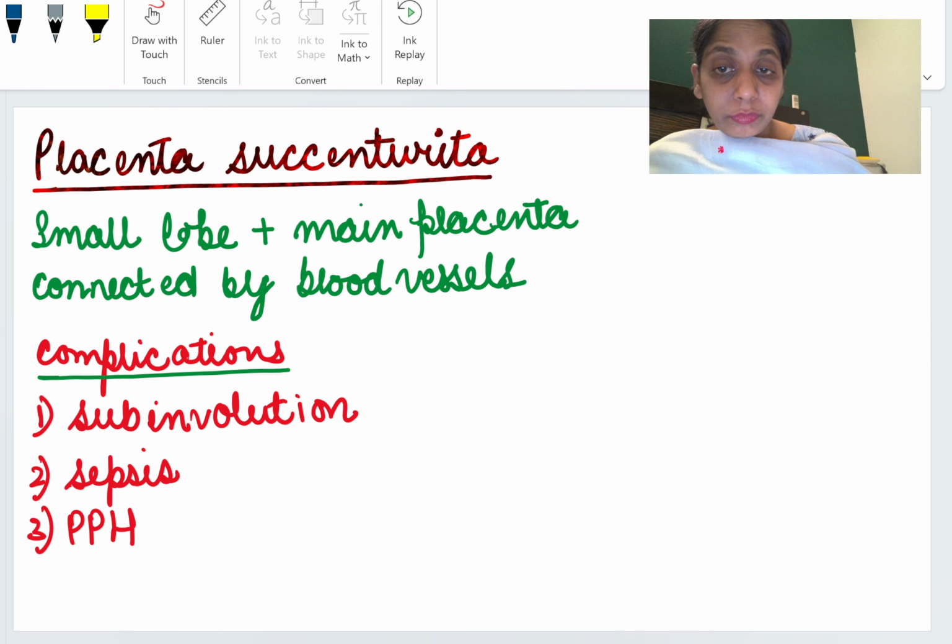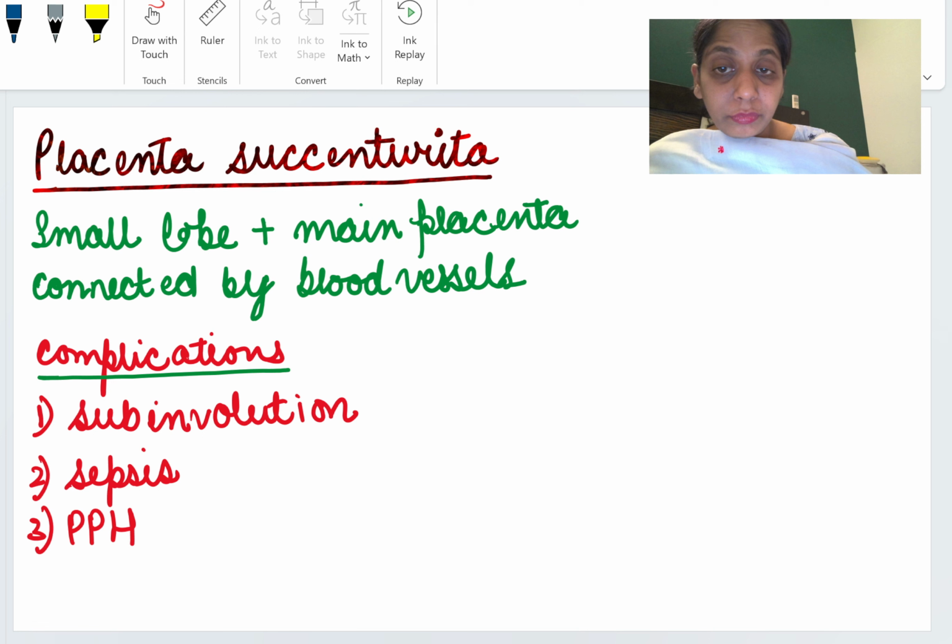In circumvallate placenta, the chorionic plate is small, so it leads to APH and IUGR due to fibrin deposition. Now this is the battledore placenta, where the cord is inserted at the margin. And this is the filamentous insertion of the cord, where the cord splits before entering the placenta, and it leads to vasa previa.